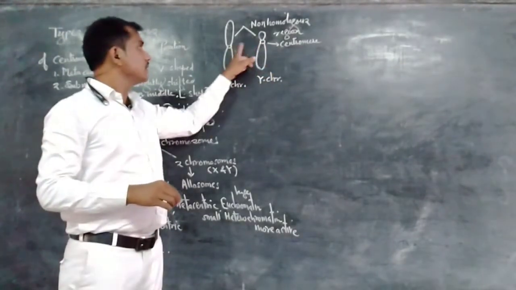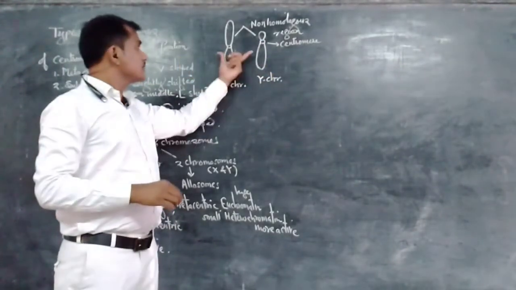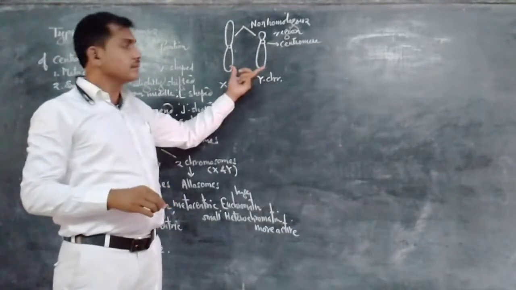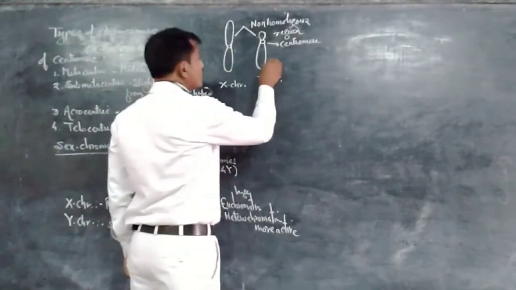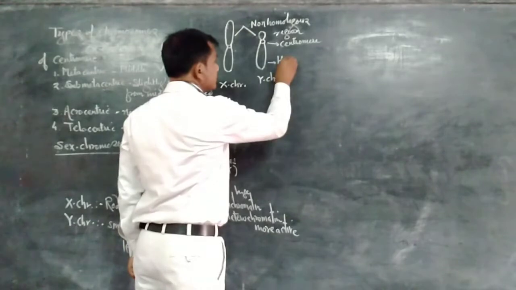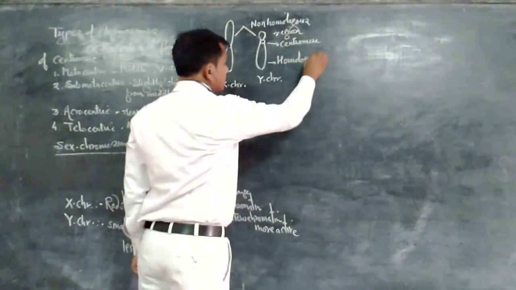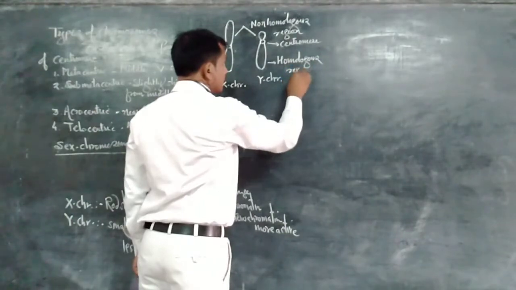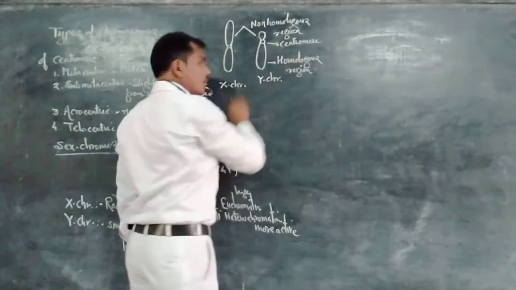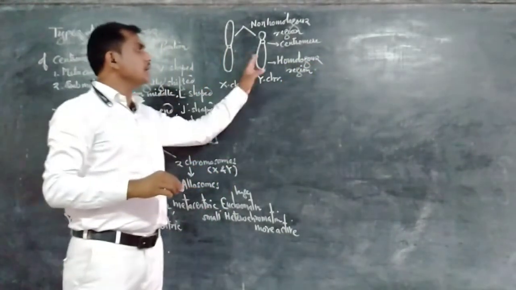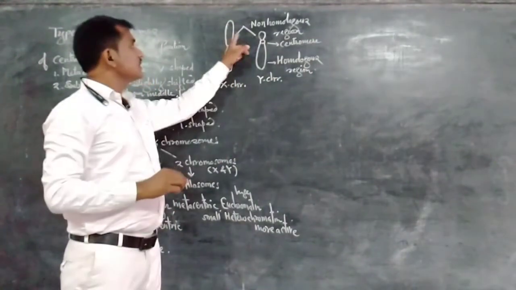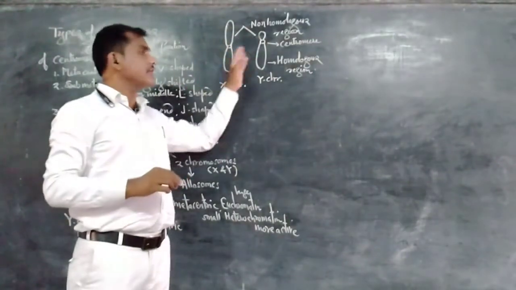This is the centromere. These two are the same regions. So these two are called homologous regions. Homologous regions have the same type of genes.